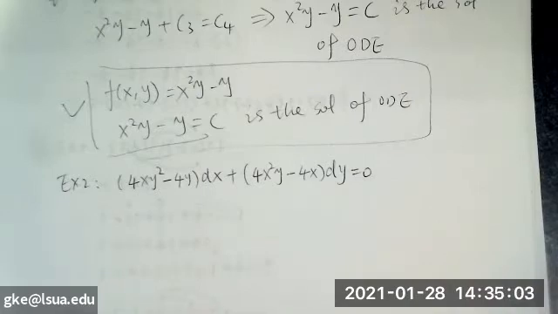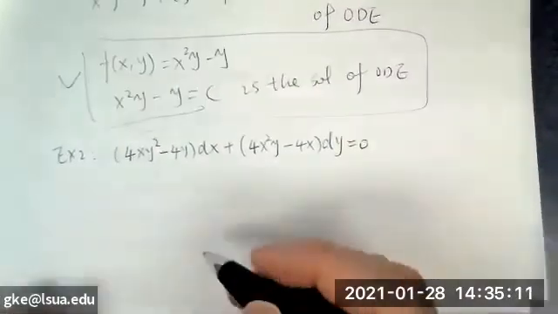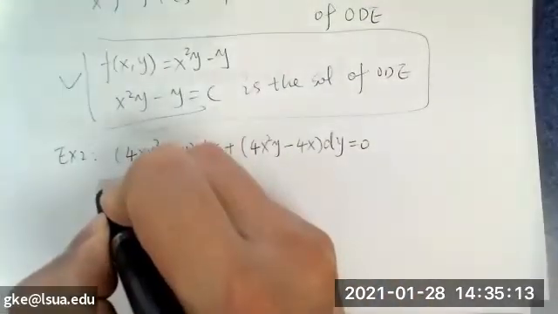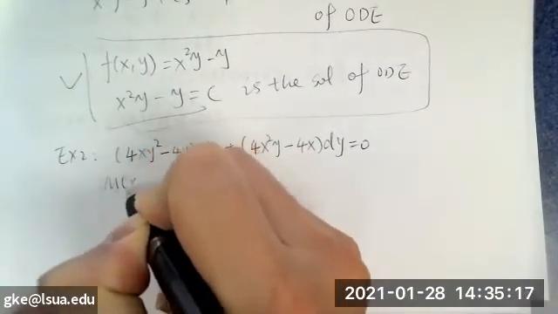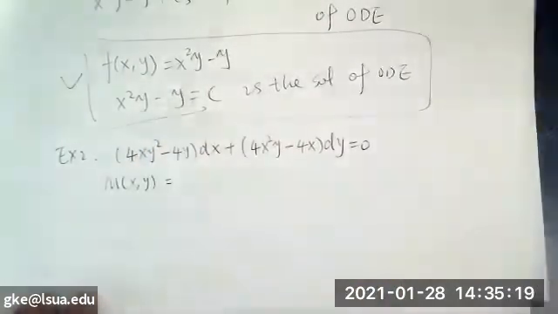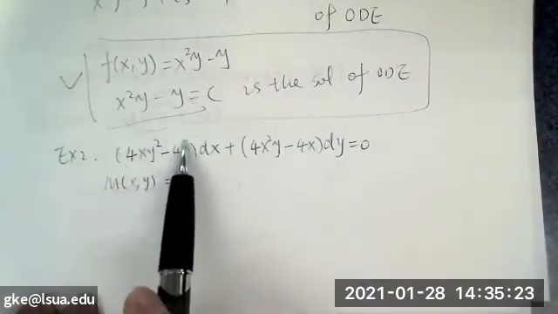You're done? Okay, I'm gonna do it. Don't worry. So let's take a look. The first thing you needed to figure out is what is M(x,y). M(x,y) is always the function in front of dx.